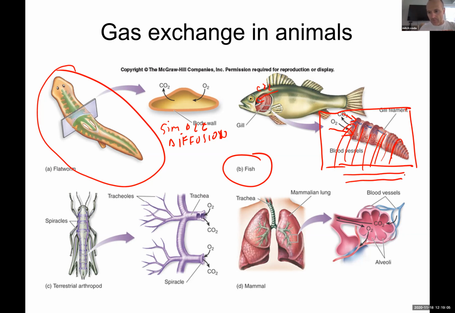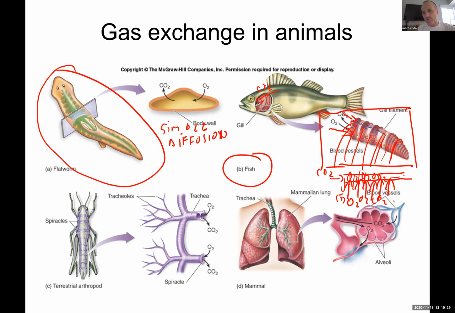If this is the blood vessel and carbon dioxide comes in this direction, as water flushes the gills, water has oxygen, good water. Now, oxygen is going to keep flushing this blood vessel. Oxygen goes in the blood vessel, carbon dioxide comes out.